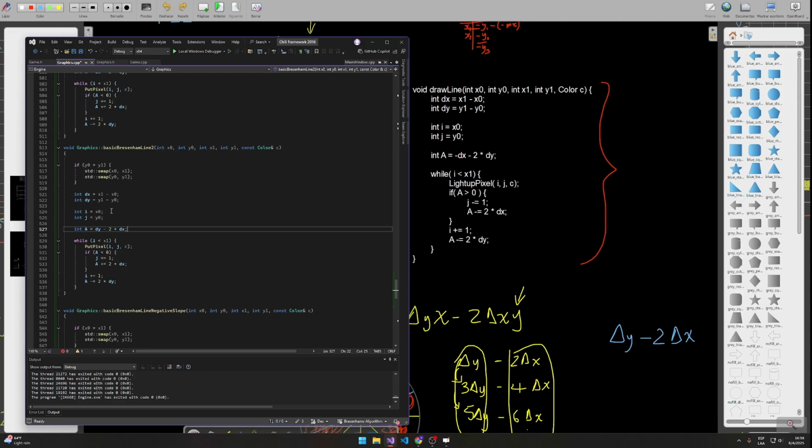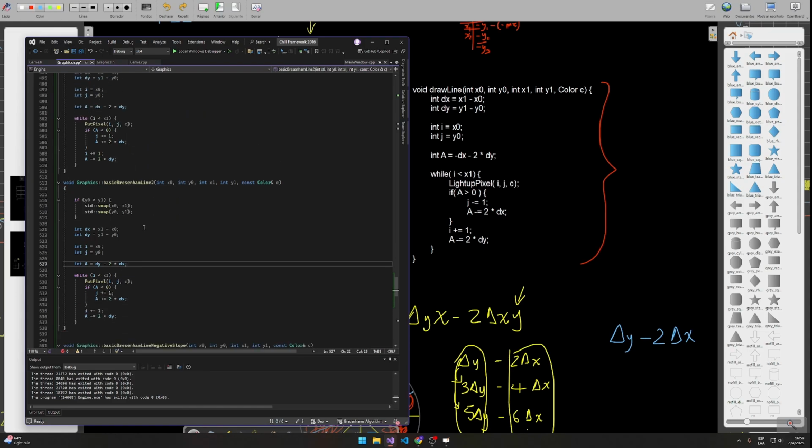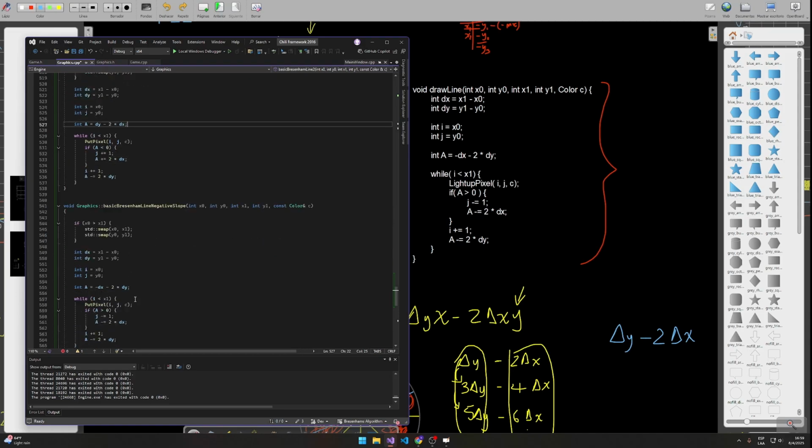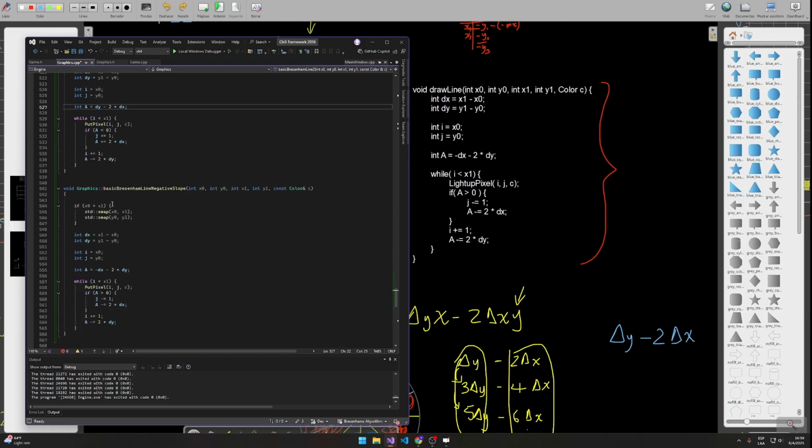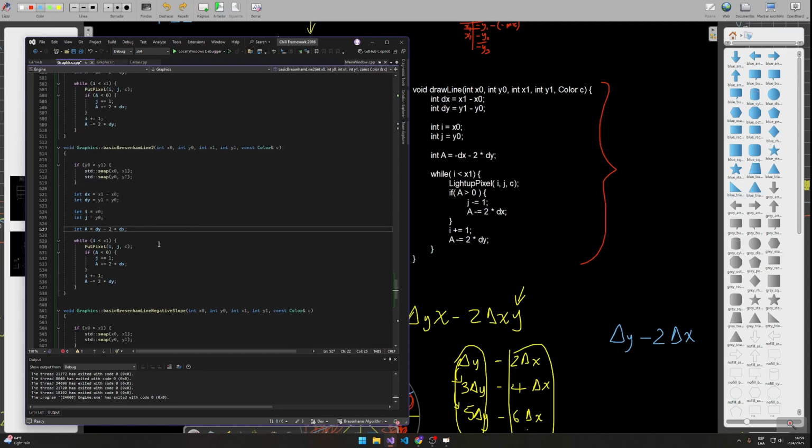And I'm just going to show you the way I do it in this part of the algorithm, and then I'm just going to skip the video completing this version. So at the end we will be able to draw lines in any direction. So we are here, and this j, this is now going to be j before it gets to y1, because it starts in y0, and this is not going to be j but i.